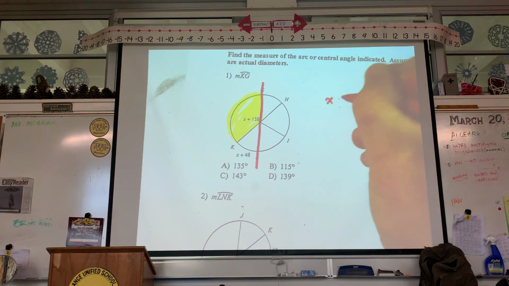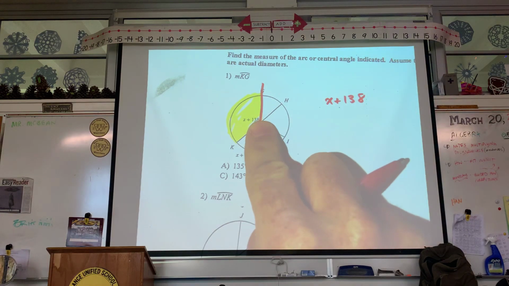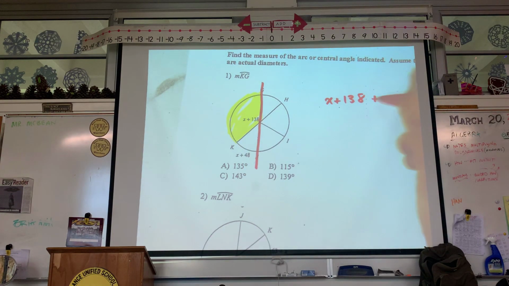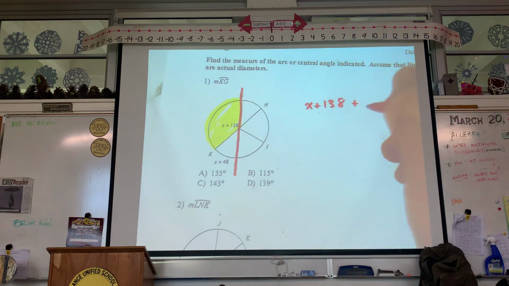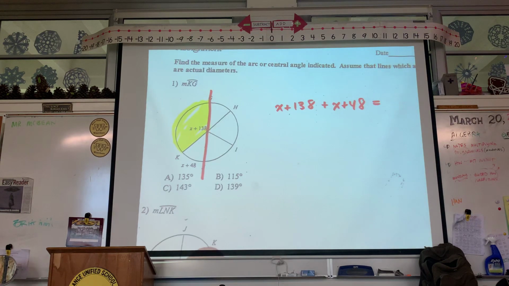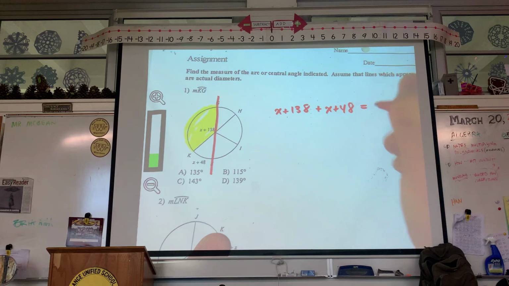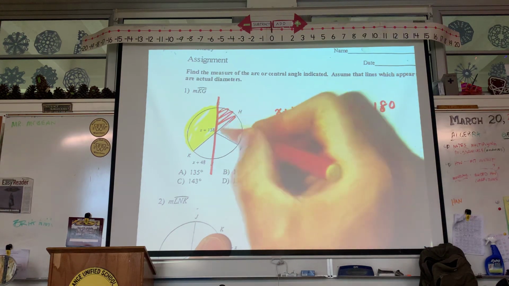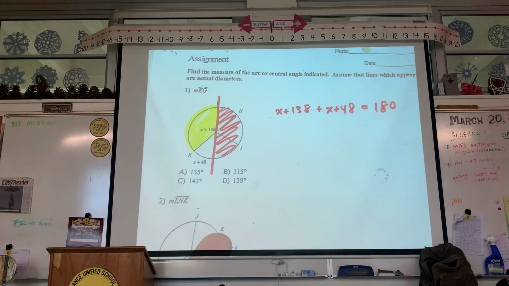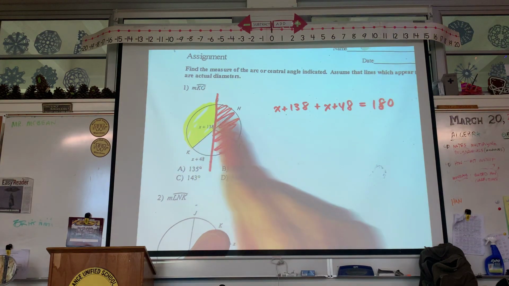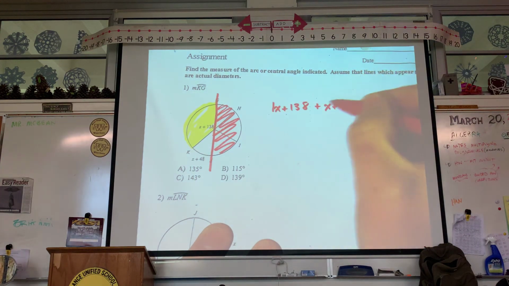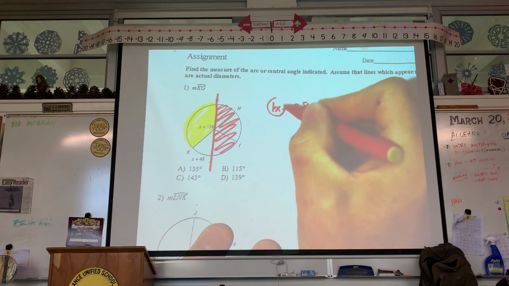Let's solve this equation. Guys, please just don't copy this. Try to do it yourself. I know you like to copy stuff sometimes and get the credit, but come on. 1x plus 1x is 2x. I don't have the answer key to this, so I've got to pull the calculator and do it myself. 138 plus 48 equals 186.